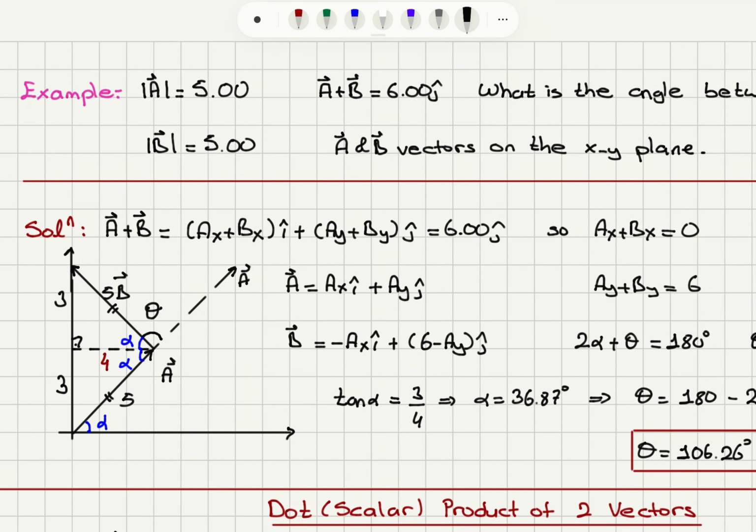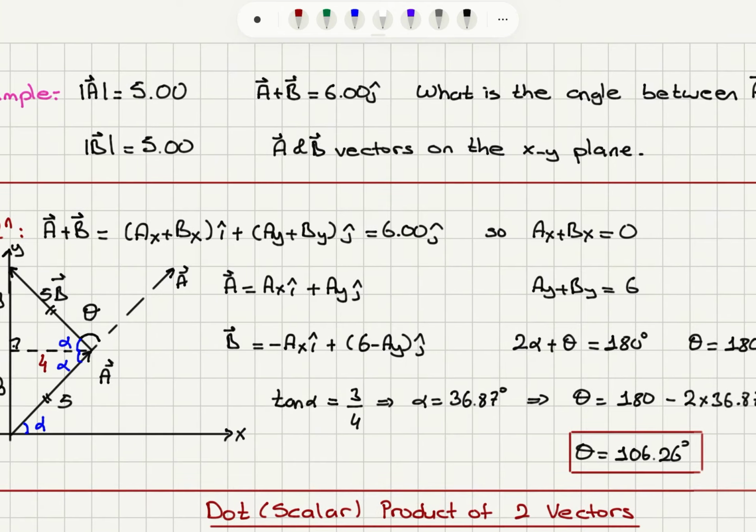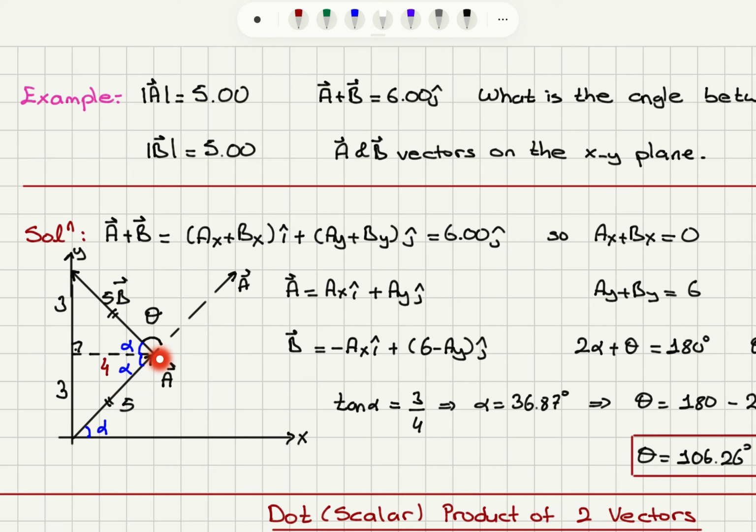So if I plot these on the xy plane, you can see that the vector A has magnitude 5 and it's pointing in this direction, and vector B has to have exactly the same magnitude 5, and because a_x is going to be equal to minus b_x, the projection of the b vector onto the x-axis will have the same magnitude. So this distance is the same. So you can see that I have an isosceles triangle here. Two sides are the same.